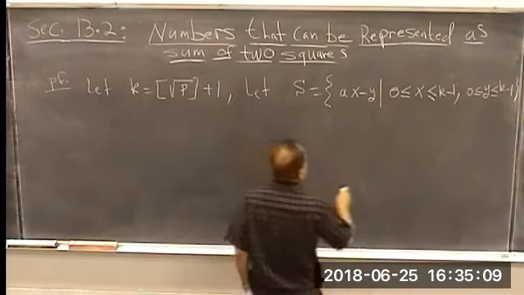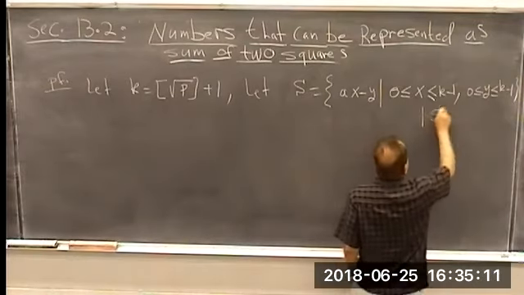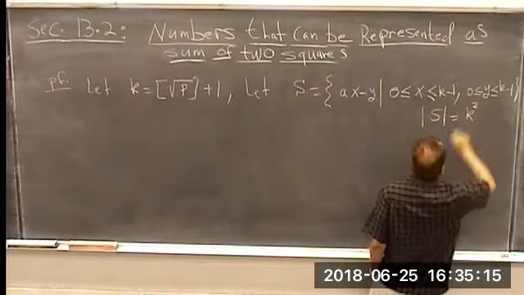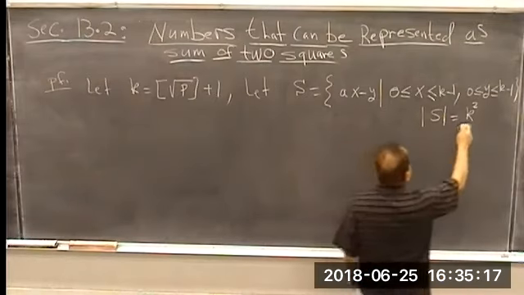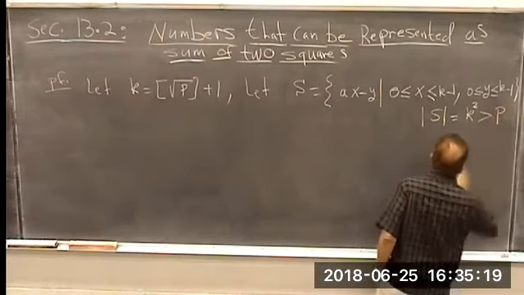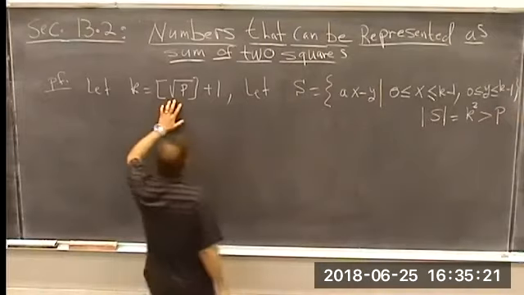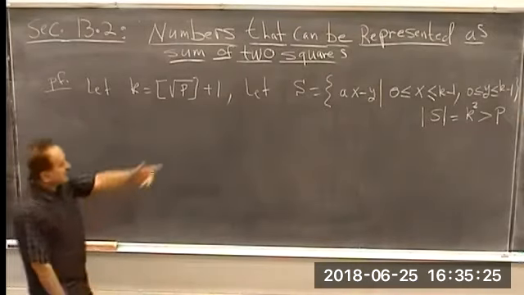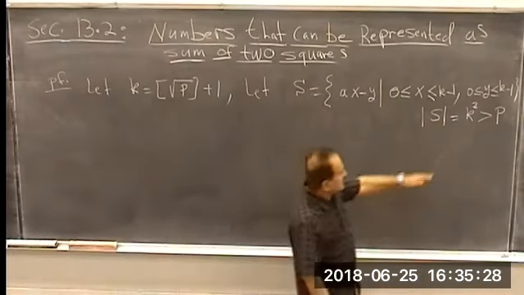Clearly, again, the cardinality of S is equal to k squared, and this is bigger than p. Because k is the greatest integer plus 1, so this one always does hold.